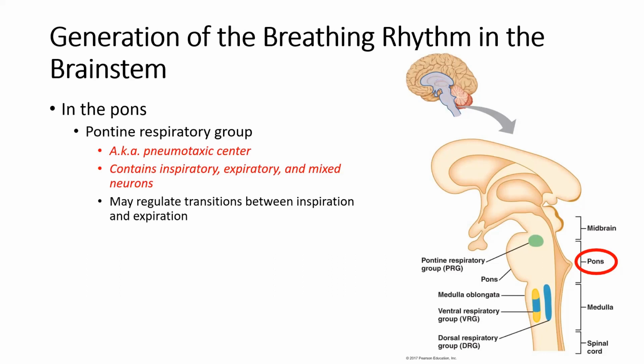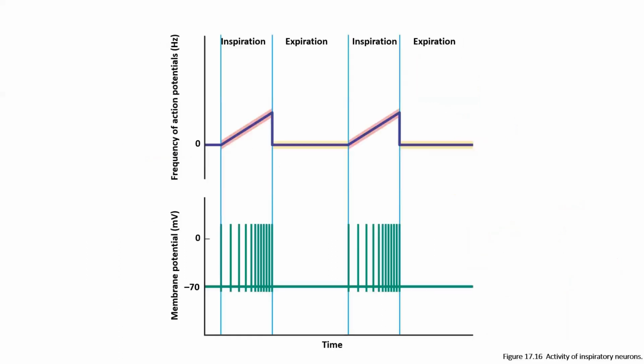The part of breathing that this is thought to be involved in is the regulation, or rather the transition, between inspiration and expiration. If you go back to this graph, we can see that abrupt drop off that I just talked about between inspiration and expiration.